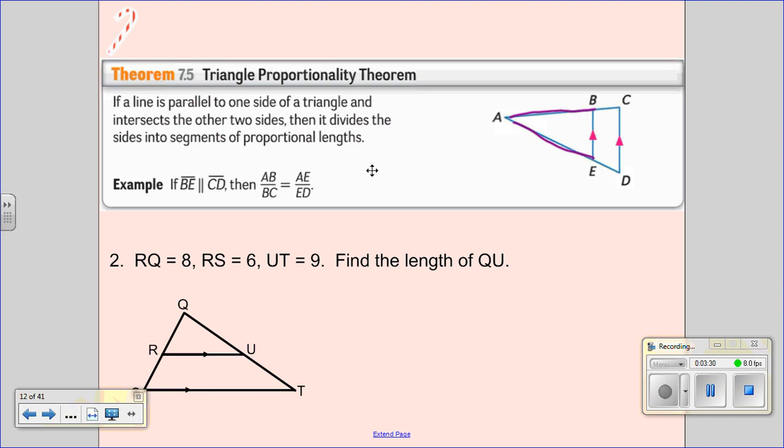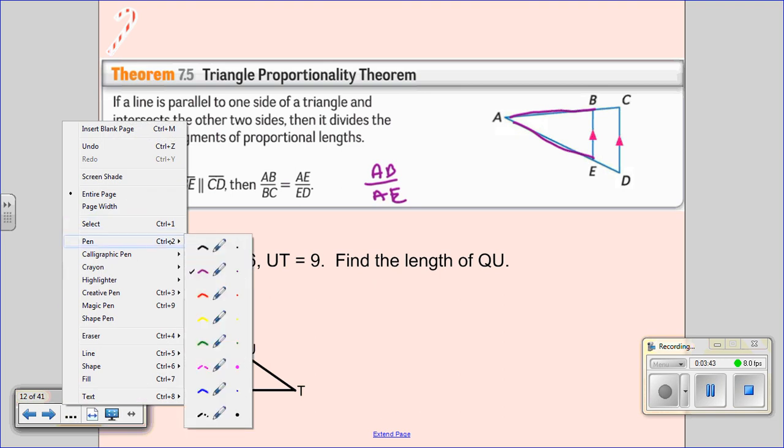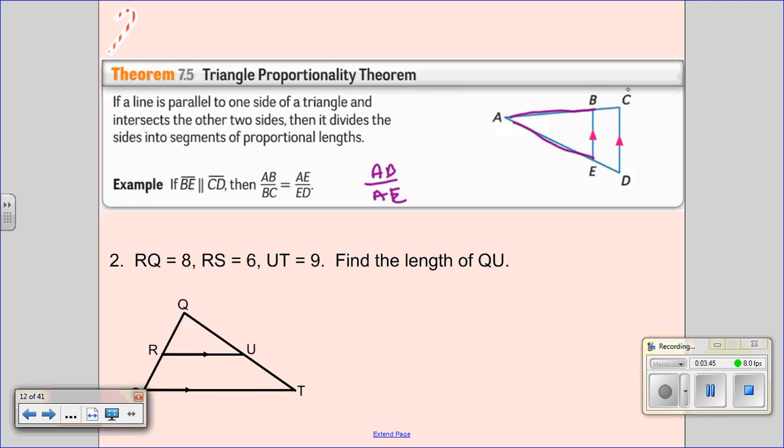So you could also write it like this: AB to AE is equal to BC over ED.